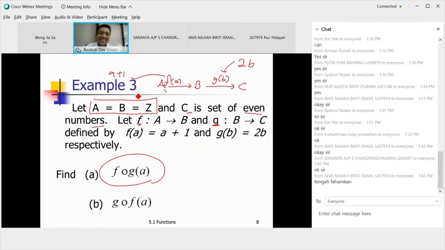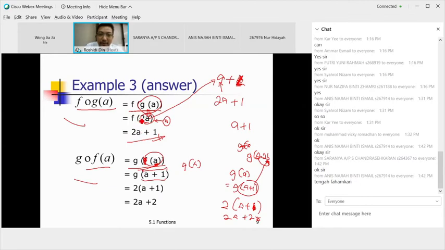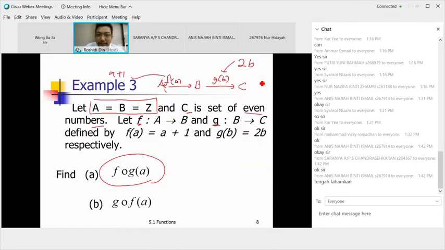If you look at this question, you need to understand this figure first. From this question, we try to simplify from this idea. Any question given to you, try to simplify through this representation.